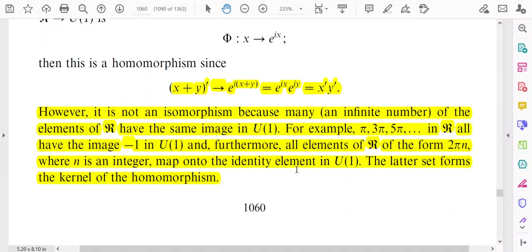So for many elements in R there is a single element in the group U1. For the elements of the form 2 pi n, the image is the identity element 1 in U1. So this set of elements of the form 2 pi n forms the kernel of the homomorphism, according to the definition of the kernel we have already given.